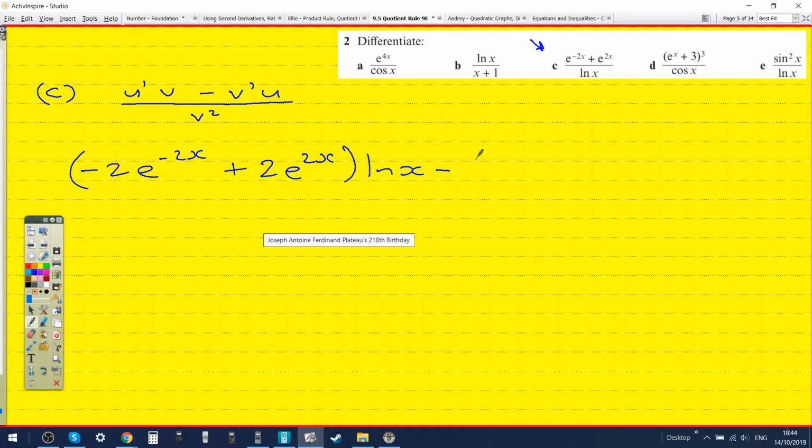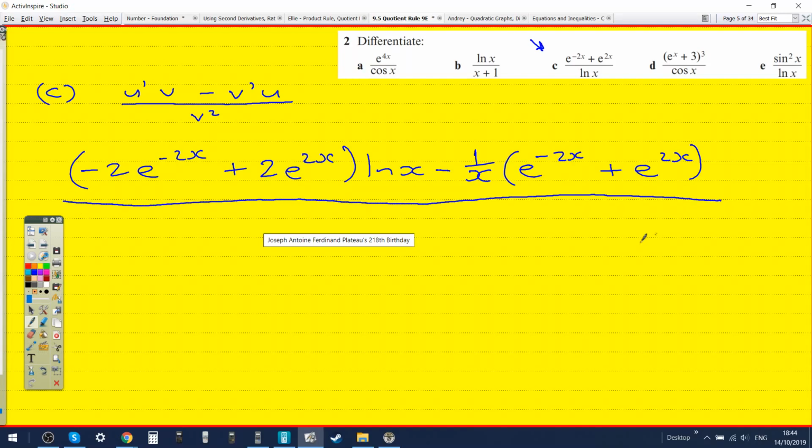I believe it's 1 over x. It's the same as log x to base e.